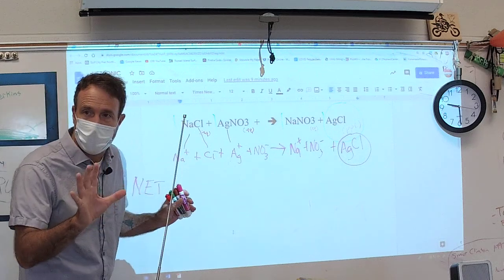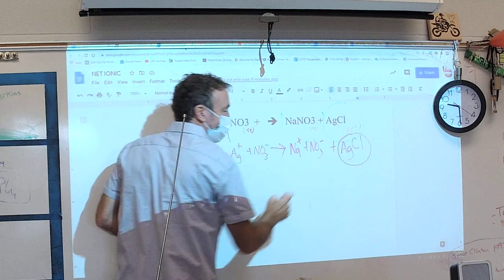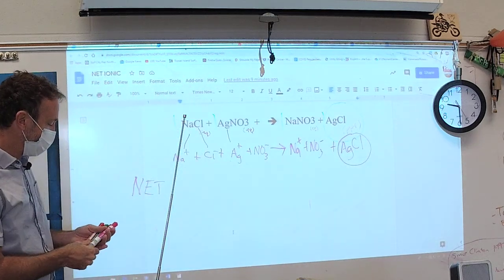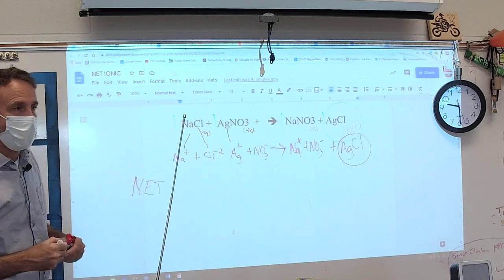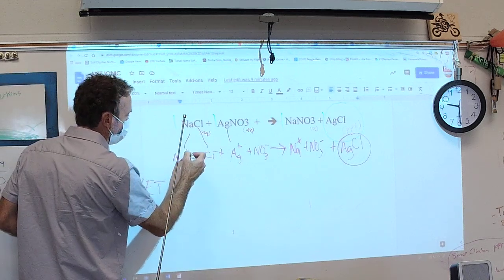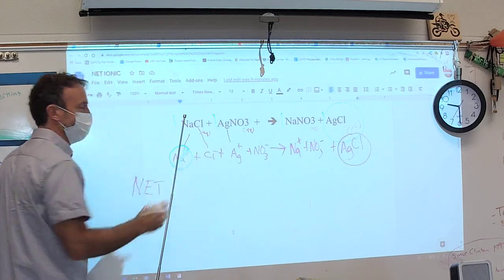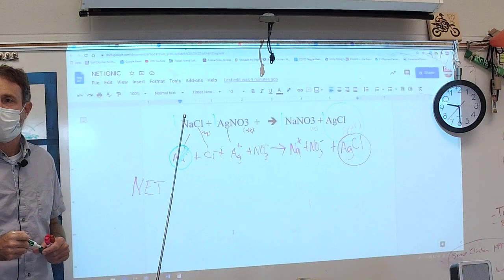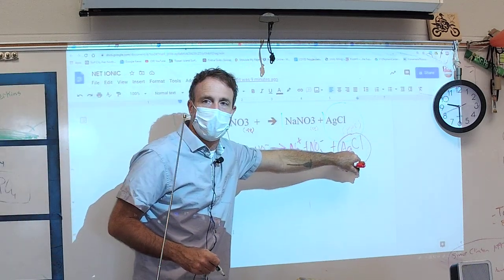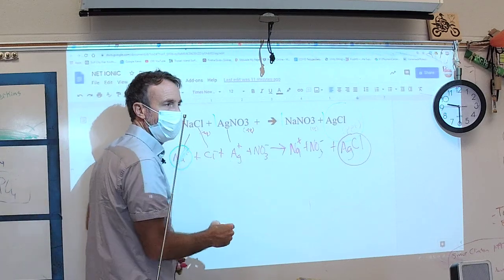The only things that actually do anything are the silver and the chloride ions, right? So to do the net, you just go by and you mark out anybody that's not silver or chloride. So you mark out sodium, you Ghostbusters it. All right, you leave chlorine because it's part of the product. You leave the silver. What about nitrate? Is it part of it?